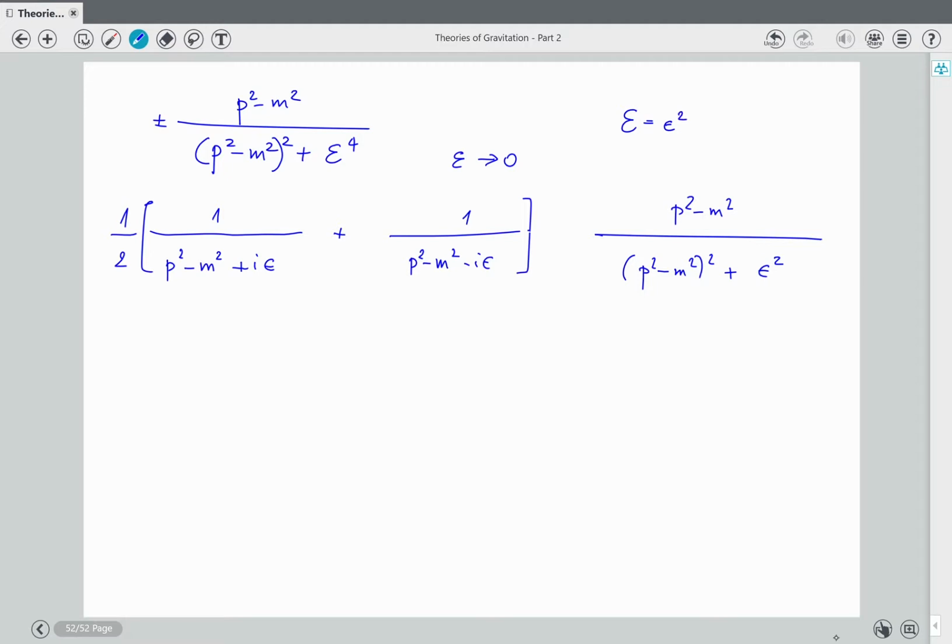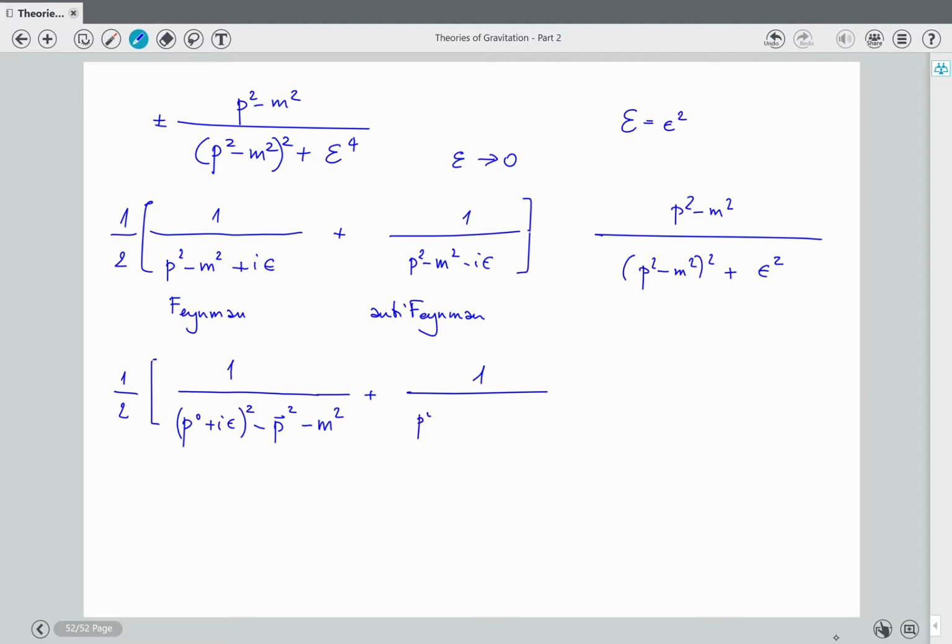Instead, if you compute the sum of advanced and retarded potentials, then you get something slightly different, because advanced and retarded potentials are obtained by attaching the prescription to the energy only and not the whole p squared, and that is equal to what? 1/2.